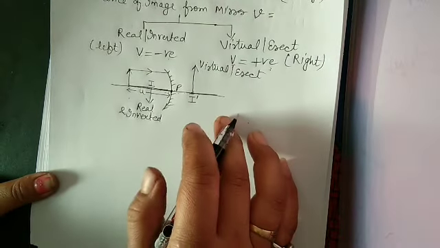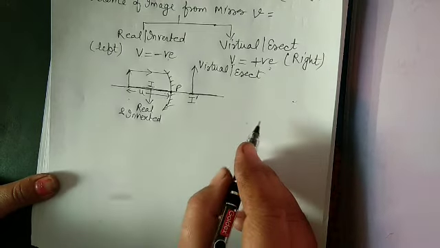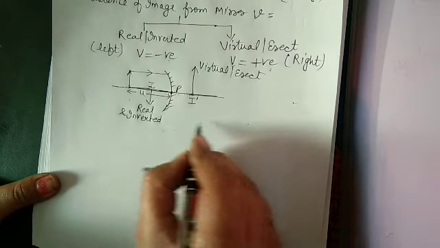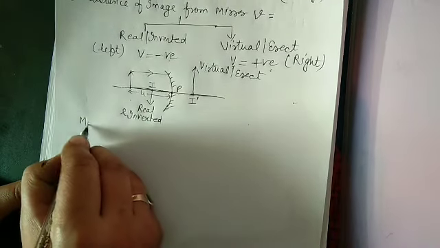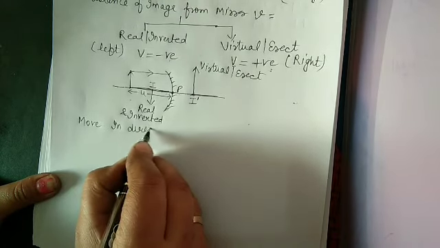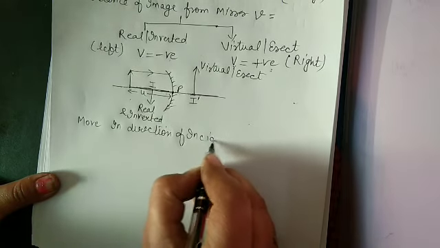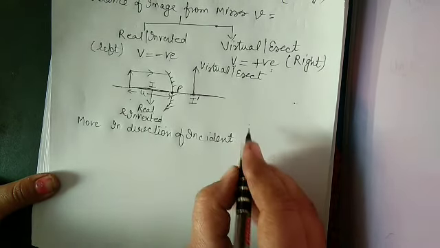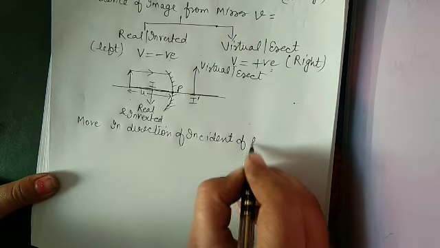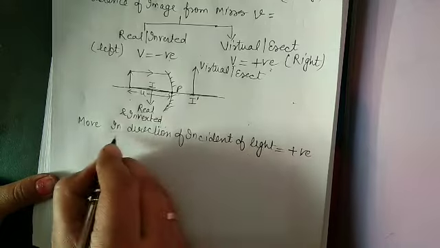Either you can consider left or right direction for the sign convention, or you can take the direction of incident light. If you are moving in the direction of incident light, then in the same direction it is considered to be positive.